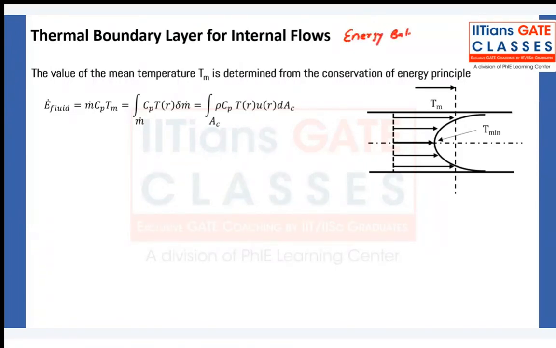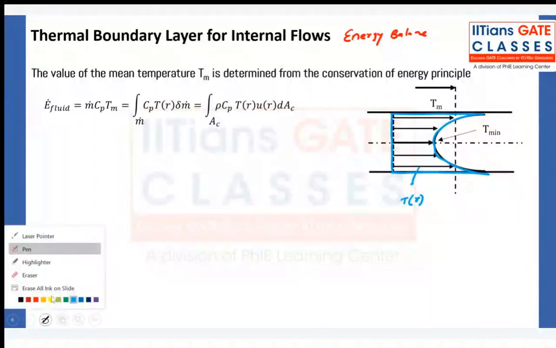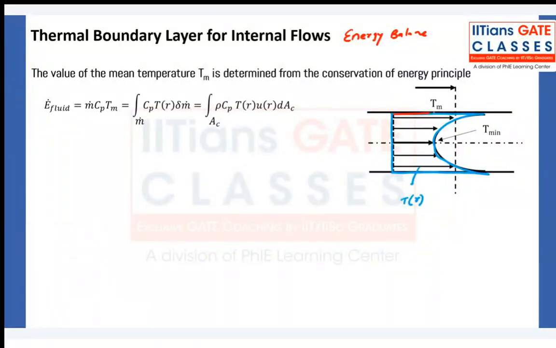How do I do that energy balance? By energy in this blue area where temperature is varying. It has some mass and its temperature is changing, so it will have some energy. But the temperature is changing with respect to R, so energy is also changing with respect to R. I will consider a different area, this area, and the amount of energy is same, but here I have T mean.